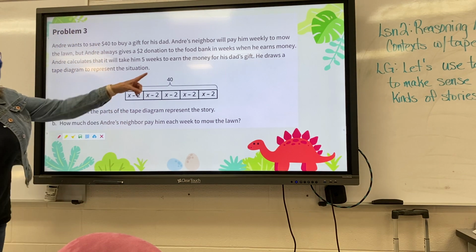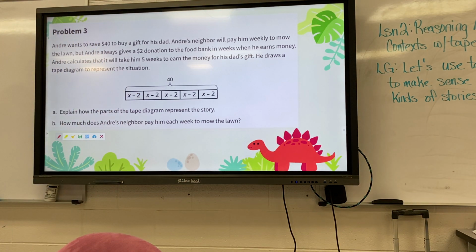All right, what does the 40 represent? $40 that he needs to buy the gift. Uh-huh, the 40, the total he wants to have. All right, what does the X represent? The amount of money he gets from mowing the lawn.